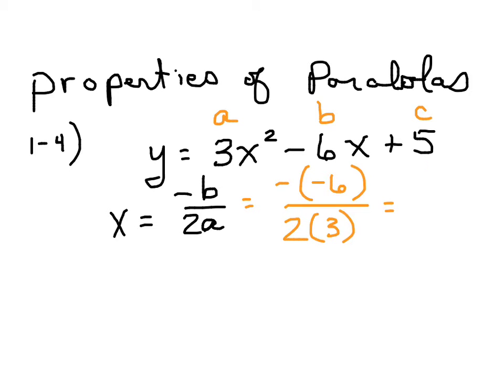So 2 negatives make a positive 6 at the top, and 2 times 3 is 6 at the bottom, and 6 divided by 6 is 1.